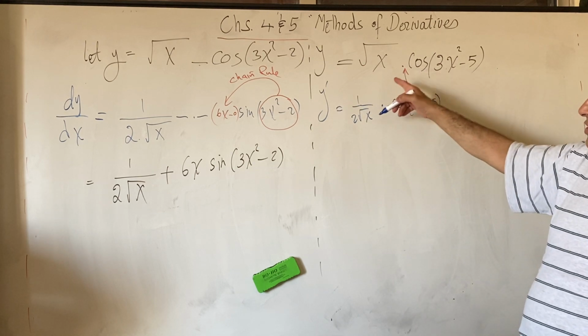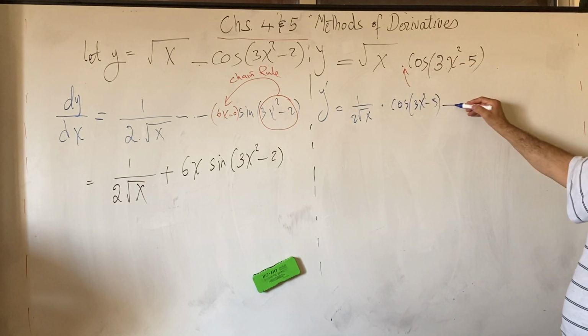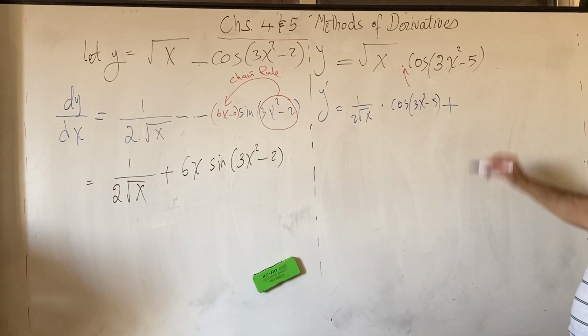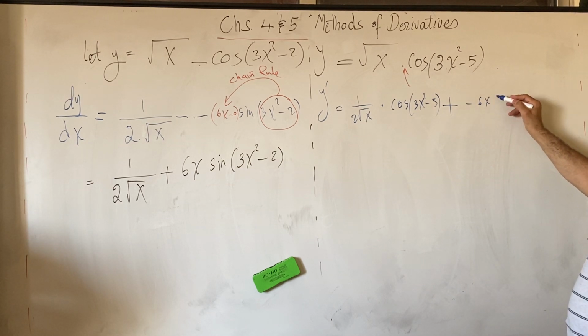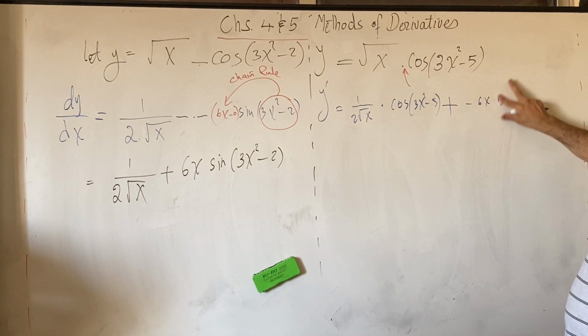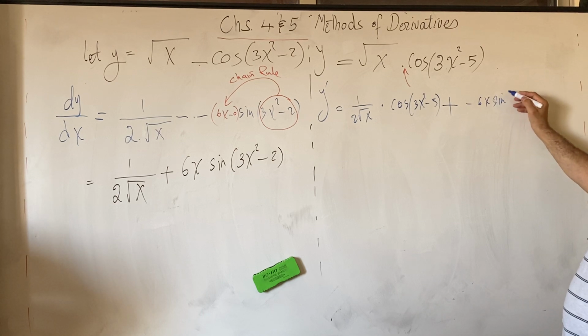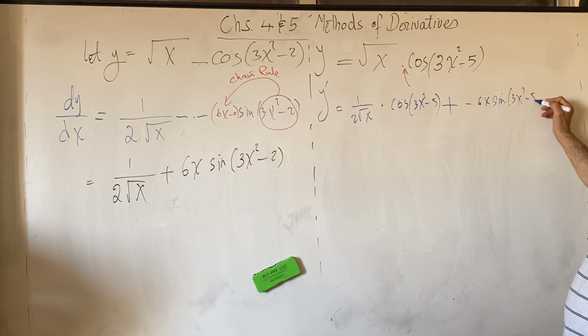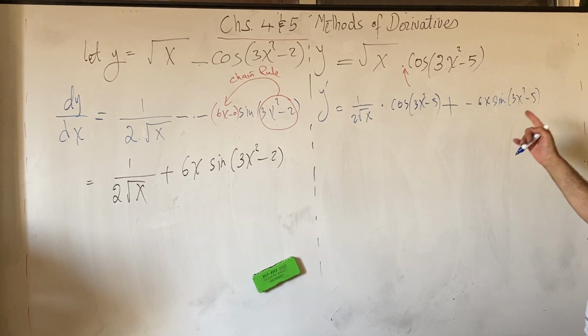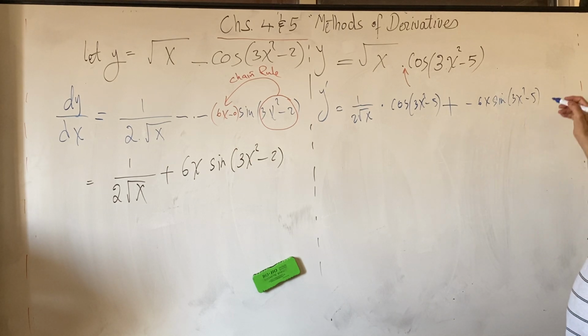So derivative of the first times the second, plus the derivative of the second, minus 6x sine of 3x squared minus 5. This is called the derivative of the second times what?